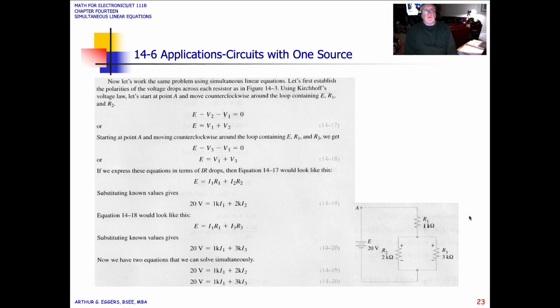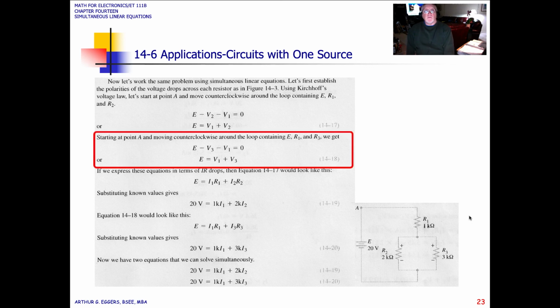Starting at point A and moving counterclockwise around the loop containing the source, R1 and R3, we get E minus the voltage drop 3 minus the voltage drop 1 equals 0, or we can rewrite that as the source is equal to the drops V1 plus V3.